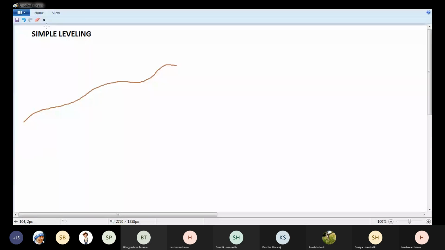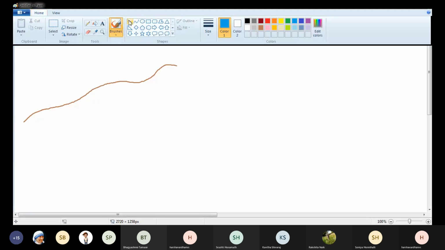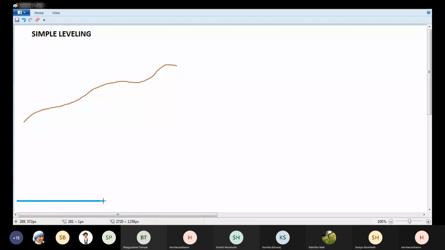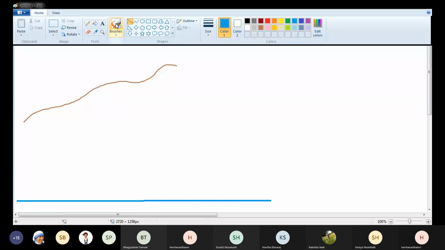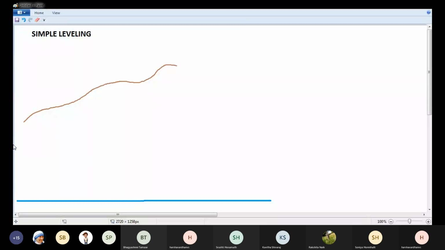So if this is my ground level and this is the datum, let's say I want to find the difference in elevation between 2 points, and the first point is here. Let's say it is a benchmark.